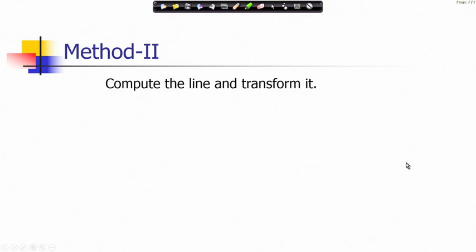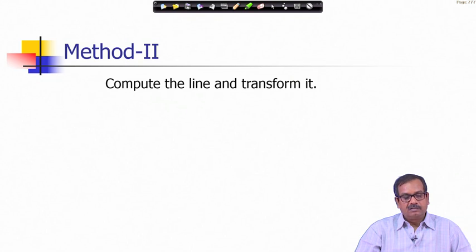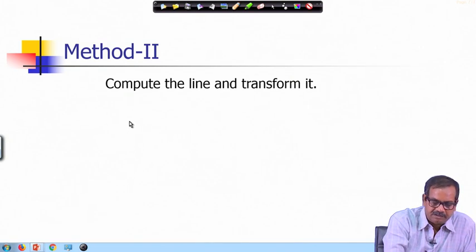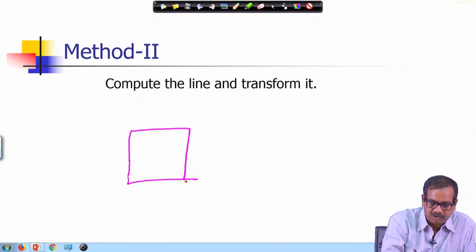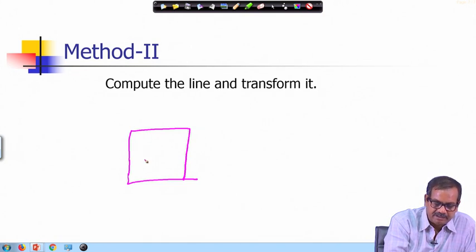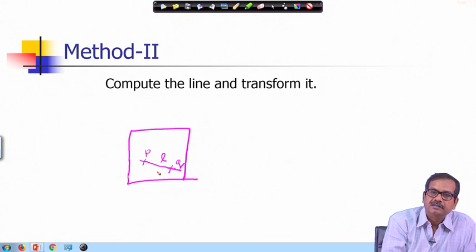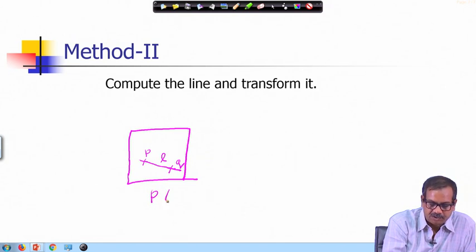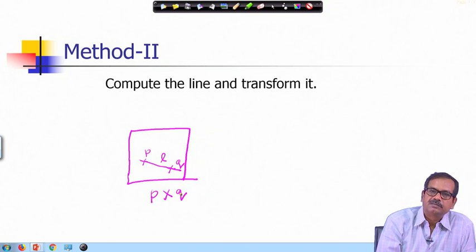Let me discuss the other method. So, in this case what we will do, rather first we will perform the computation of line in the transformed space. So, let us consider your original projective space and once again 2 points P and Q. So, you have to compute line between P and Q by performing the cross product of these 2 points in the homogeneous coordinate representation.